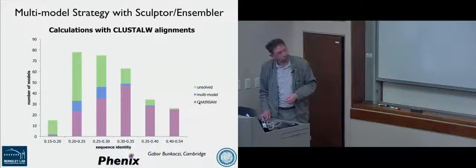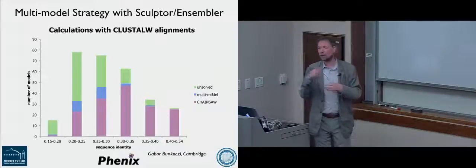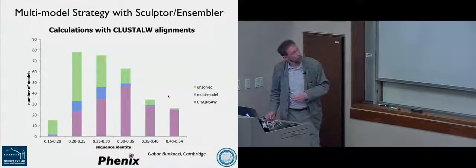Using the default approach in other programs, Chainsaw is an example here, to generate models, we can solve all of the purple ones with Phaser. If you try different approaches to making the models, changing the B factors differently, using polyalanine versus full sequence, you can then actually solve these additional blue ones.